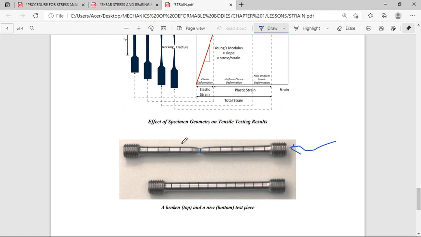Ito yung sinasabi ko kanina na nagbago yung kanyang gauge length. Humaba siya. Ito yung delta L mo, or the change in its initial length. And kung papansinin mo, habang humahaba yung gauge length, lumiliit din yung cross-sectional area niya.